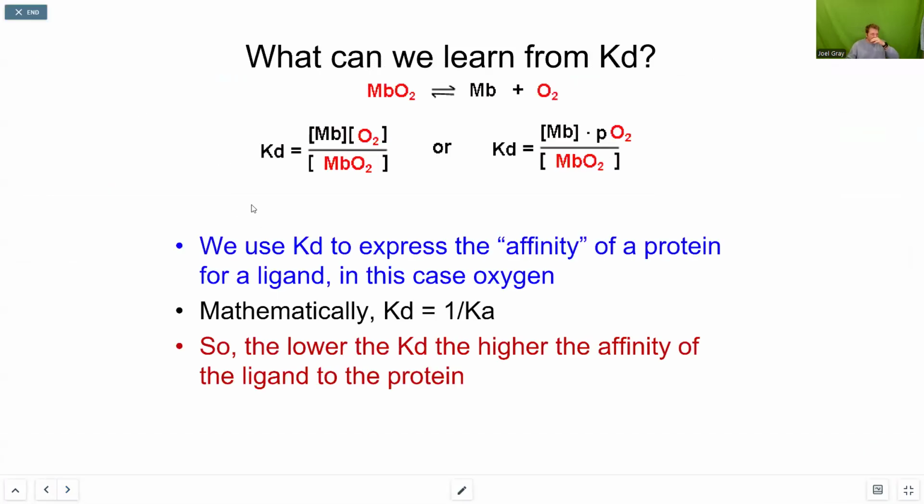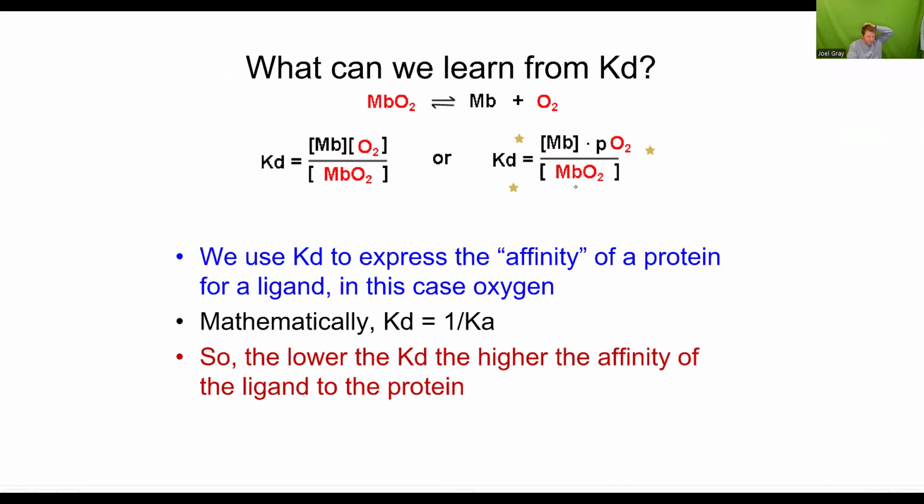Now, what can we learn from our KD with respect to this expression? KD is equal to our concentration of myoglobin times our partial pressure of O2 divided by the concentration of our complex. We use KD to express the affinity that a protein has for a ligand, in this case oxygen.